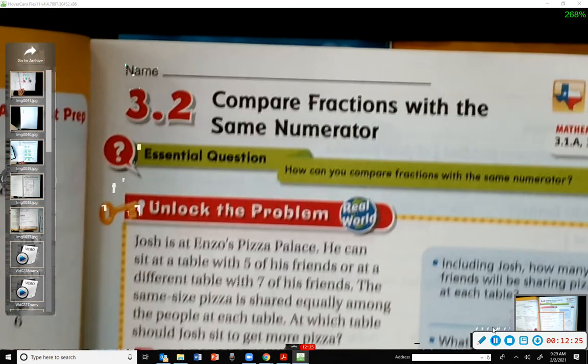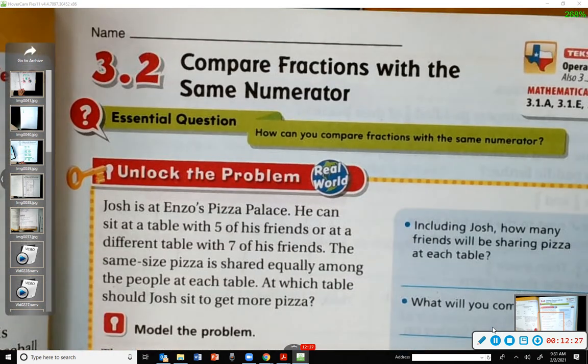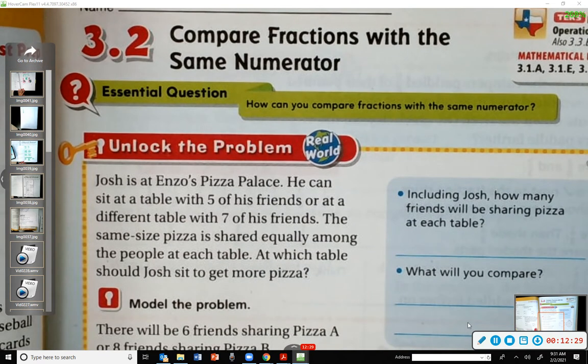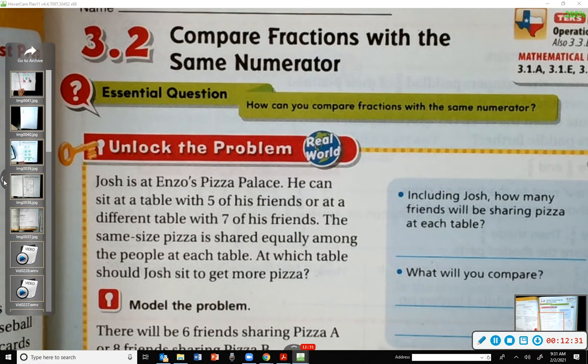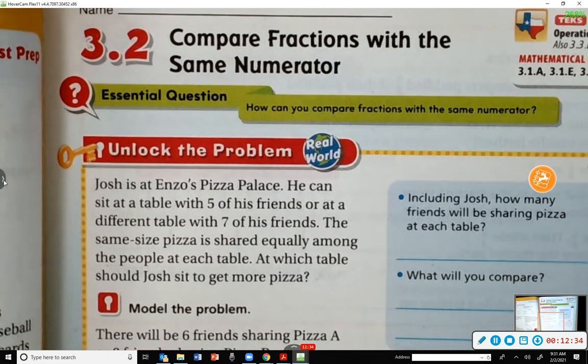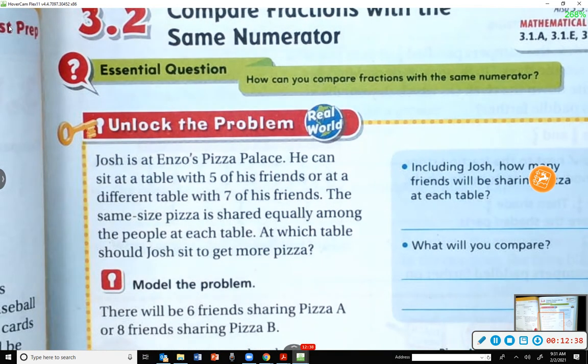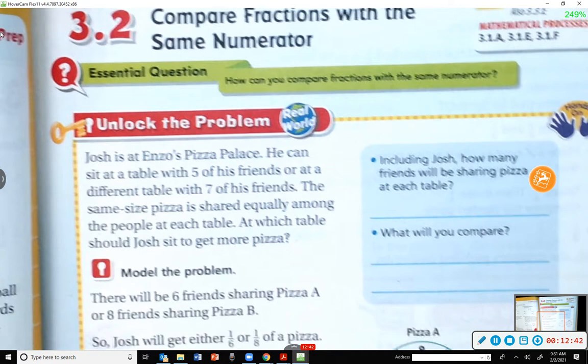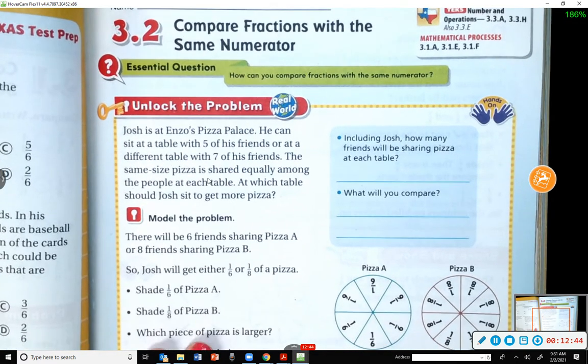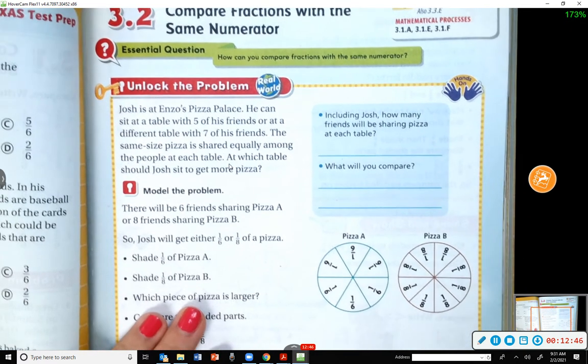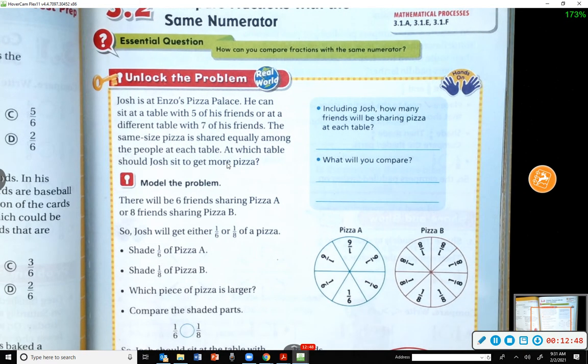We're going to look in our books, page 75, volume 1. Okay, so now we're comparing fractions where the denominators are different, but the numerators are the same, okay? So let's look at the first word problem. Kelsey, will you read that for me?